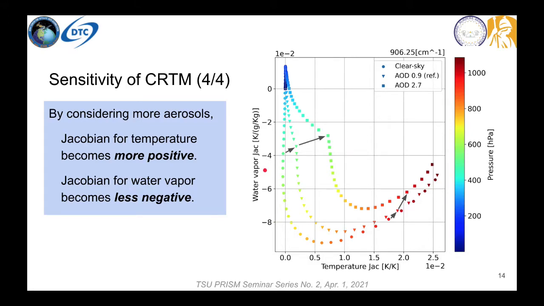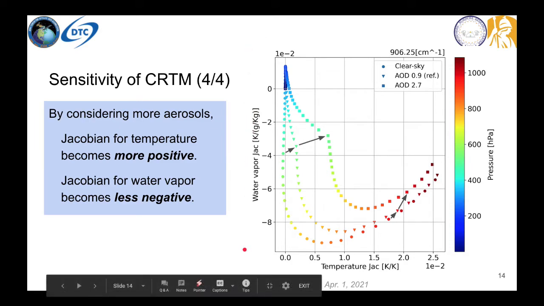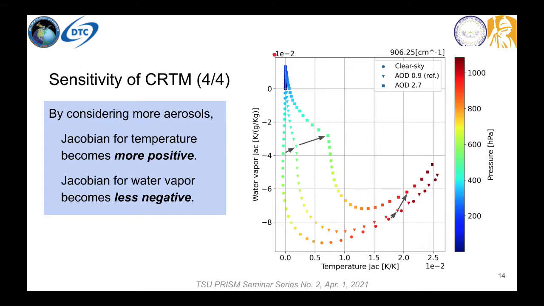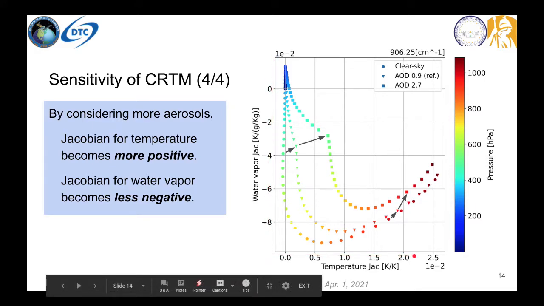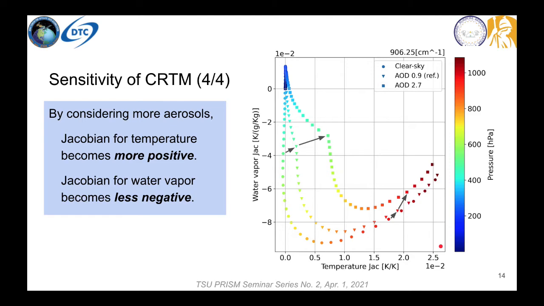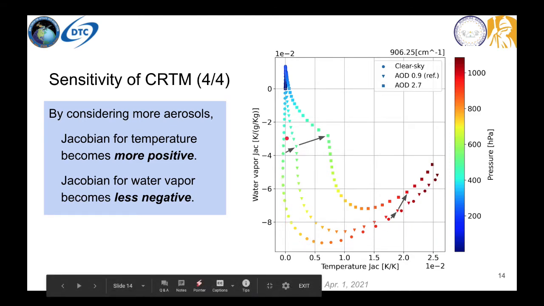So here is the result of the sensitivity test of the brightness temperature to the aerosol loading. This figure shows the brightness temperature differences between the simulation with the aerosols and the clear sky as a function of the wave number over the window channel of IASI.